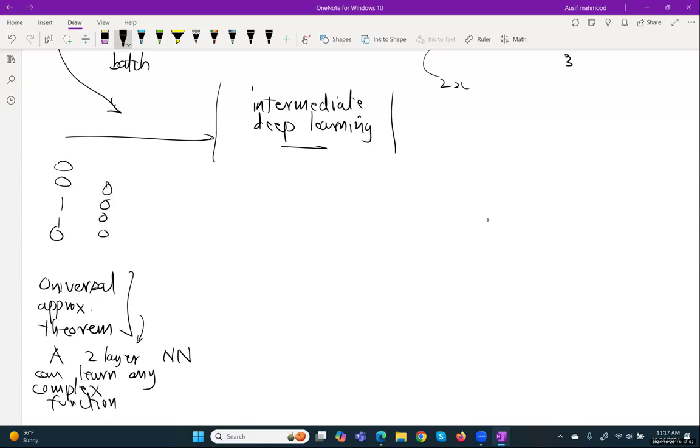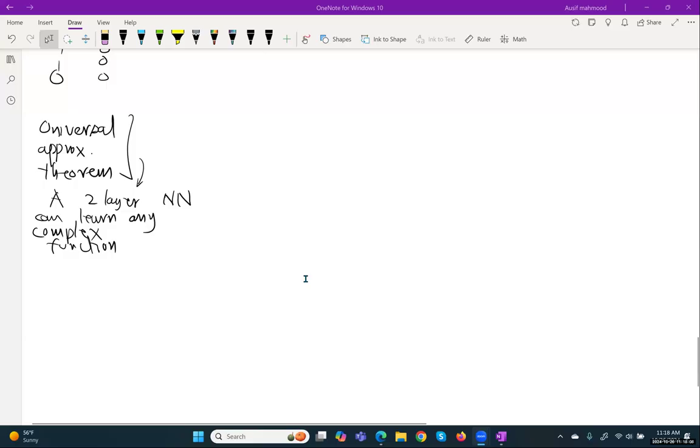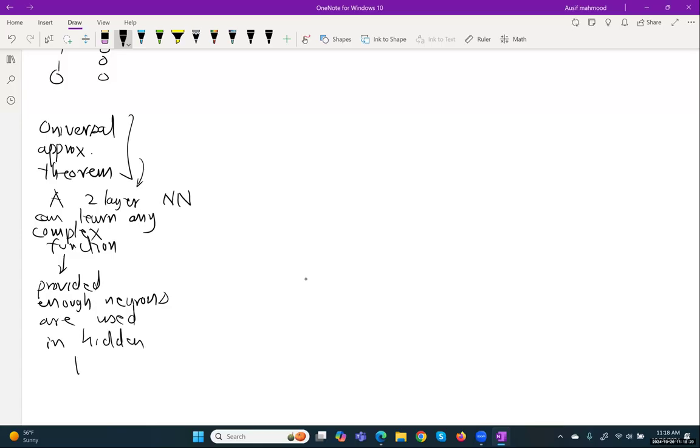Doesn't matter how complex it is, provided enough neurons are used in the hidden layer, right? So in other words, what this universal approximation theorem told us is that all we need is a two-layer network.